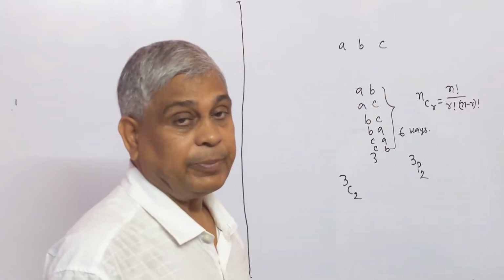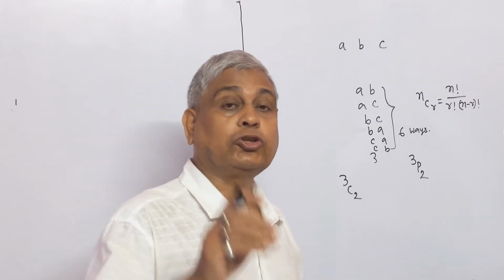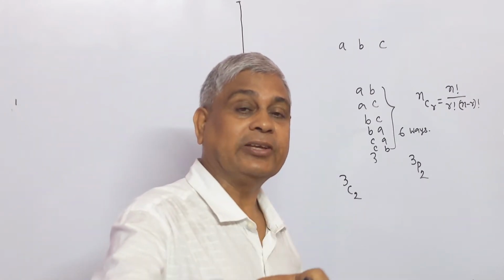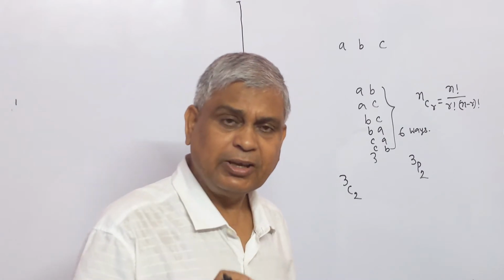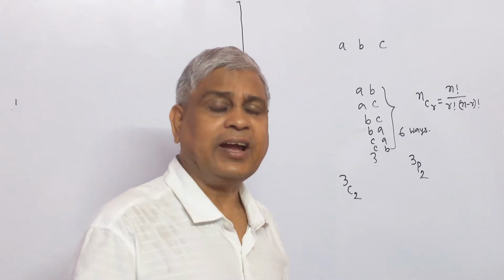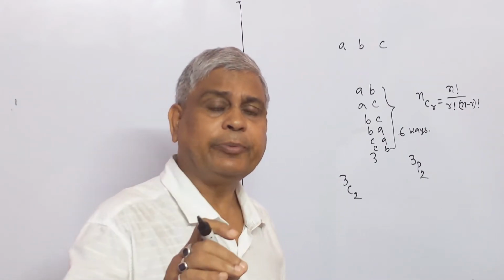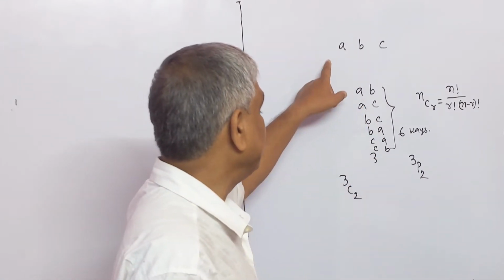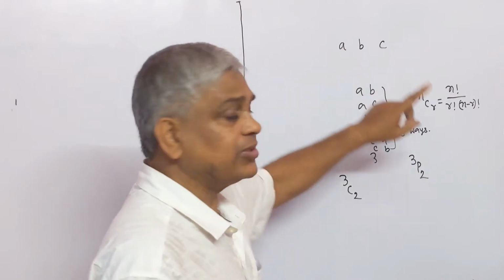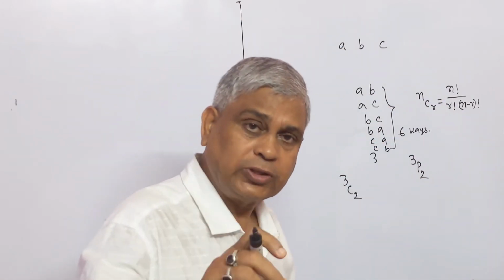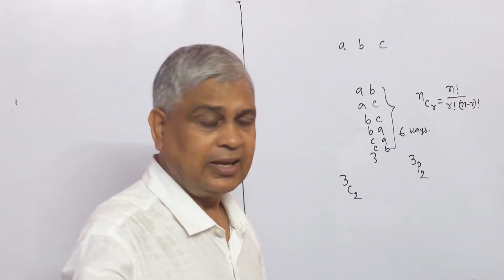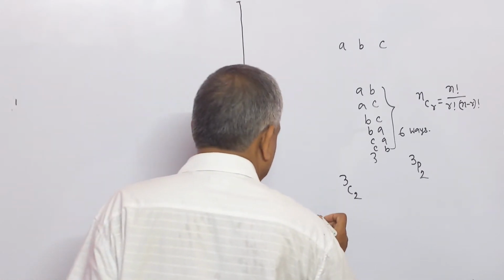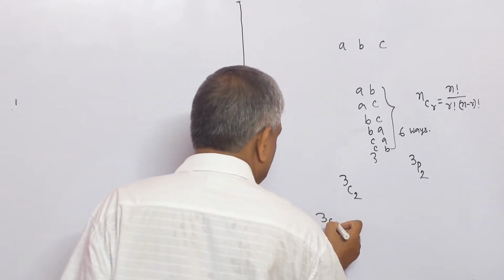Now, if we take both concepts, permutation and combination, together, if it is asked that we have to arrange two things out of three things, then firstly we select two things out of three things, and the number of ways is 3C2.